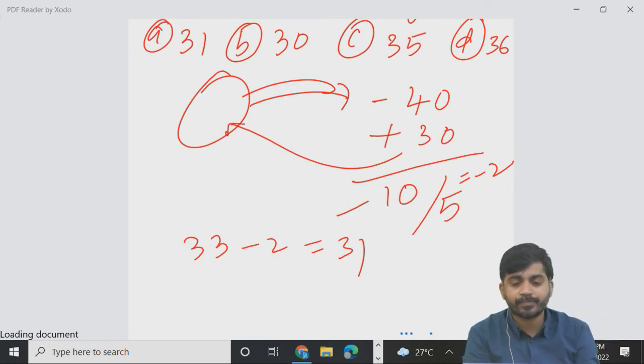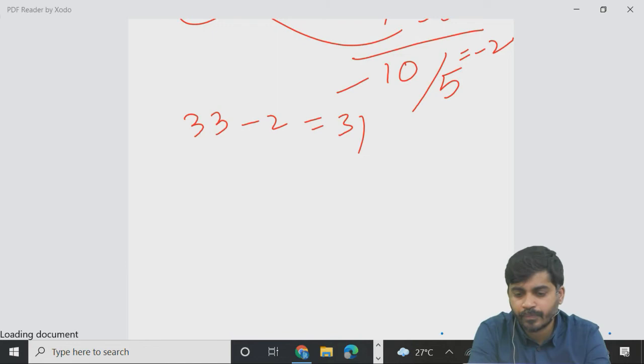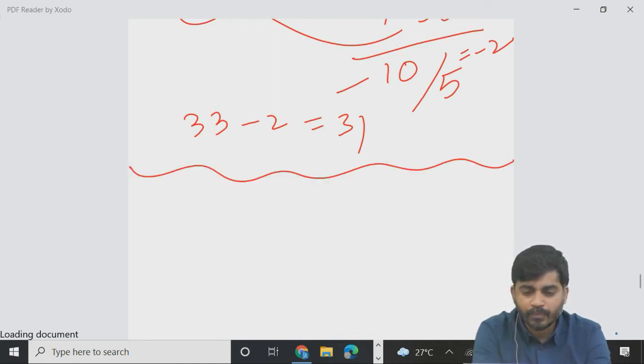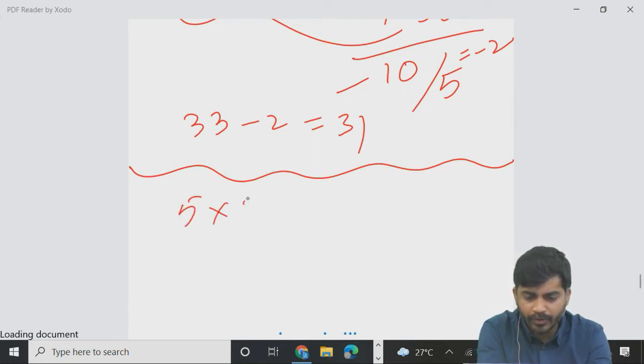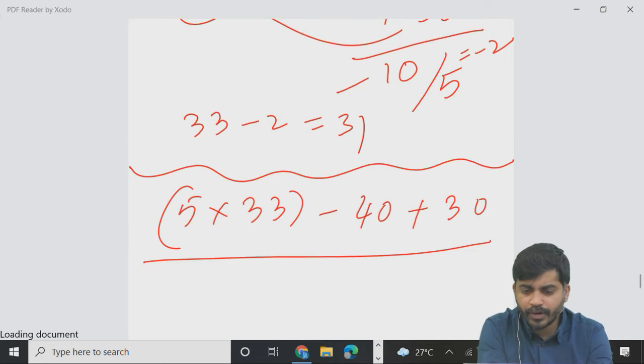Clear? Generally don't write all this: 5 into 33 minus 40 plus 30 divided by 5.